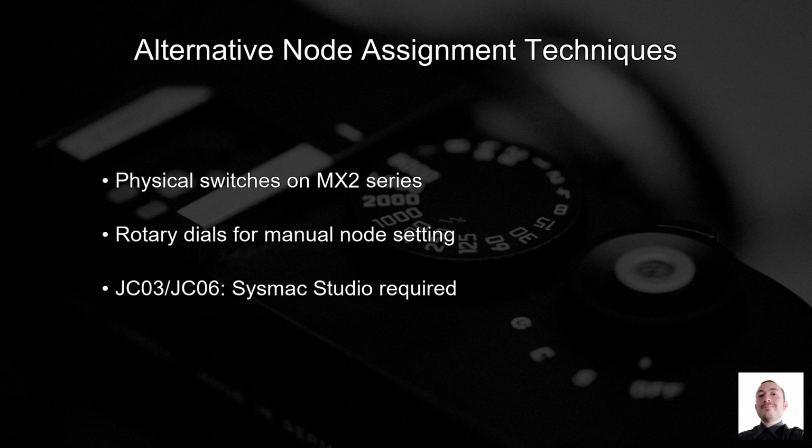However, for other devices like the JC03 or JC06 switches, Sysmac Studio remains the only viable option. It's crucial to understand these alternatives, as they can save time and offer flexibility in different scenarios. Remember, the key is to choose the method that best fits your specific hardware and operational requirements.